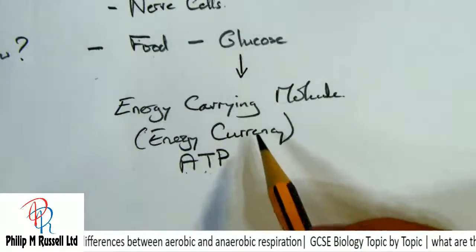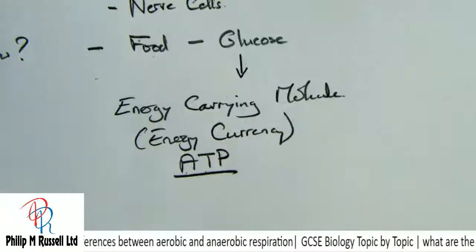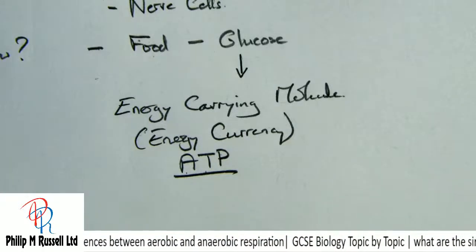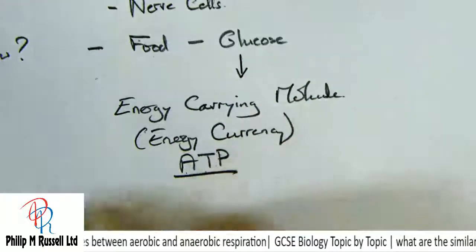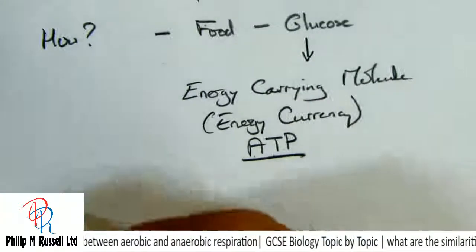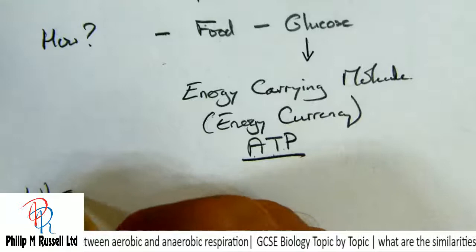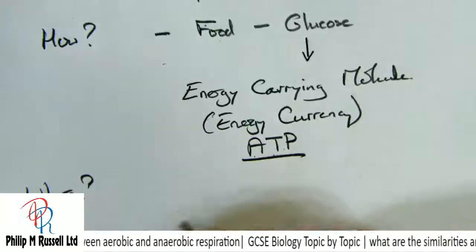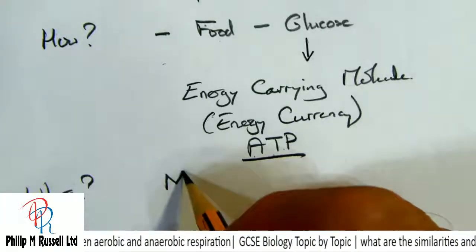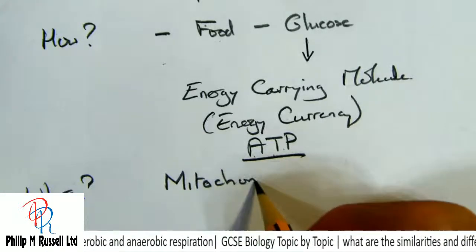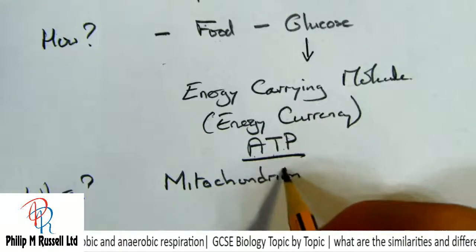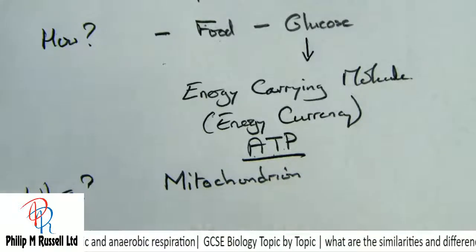All of that done by this little chemical ATP, and that's made from glucose. And that comes with the next question: where does this take place? And this is in a special place, and it is the mitochondrion.